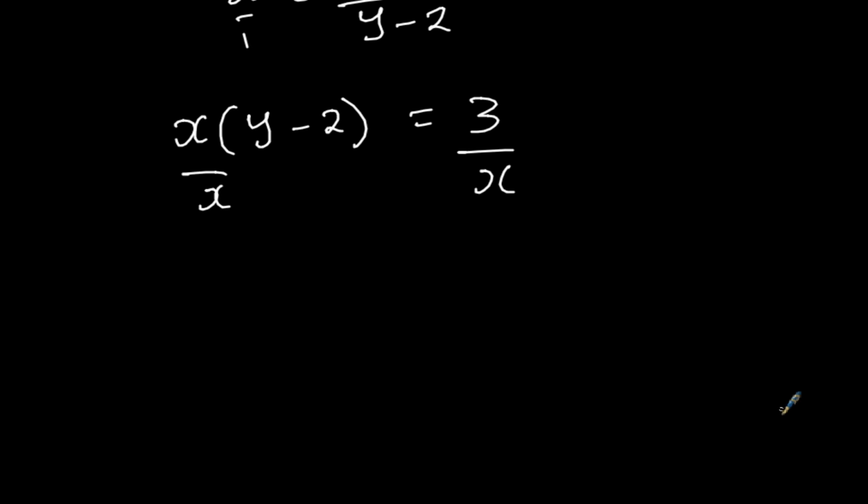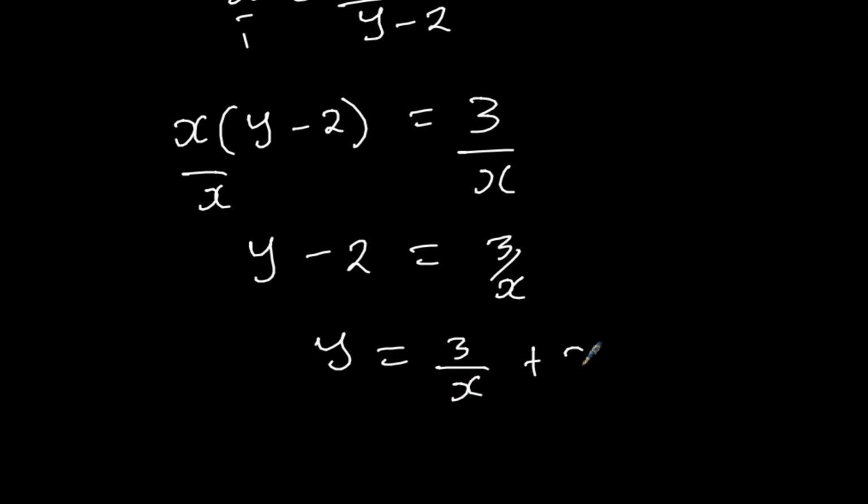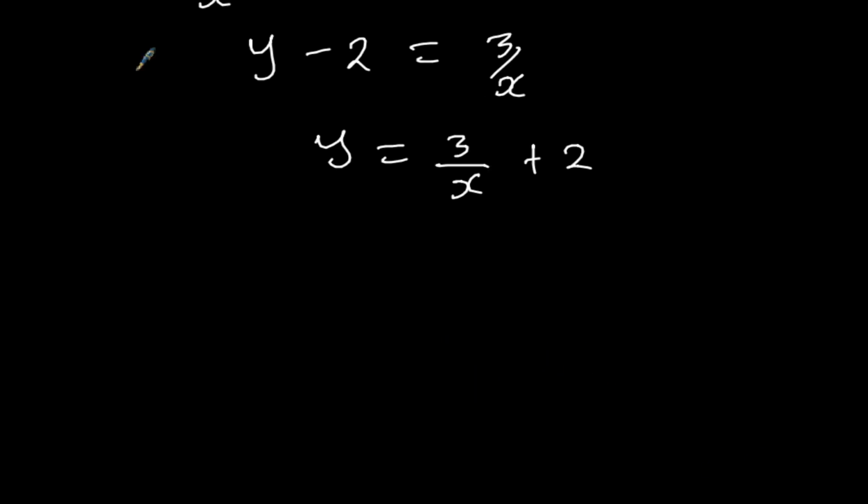Then it will give me y minus 2 equals 3 over x. So take the negative 2 to the other side, it will become a positive and remain with y equals 3 over x plus 2. So this is the inverse of the function.